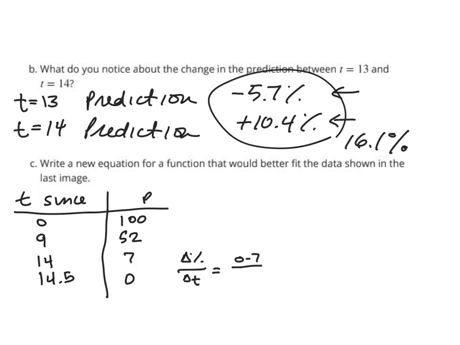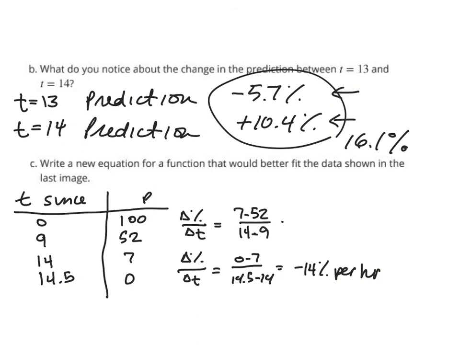0 minus 7 over 14.5 minus 14 is pretty interesting. It's going to give me negative 14% per hour. Let's do 7 minus 52 over 14 minus 9.